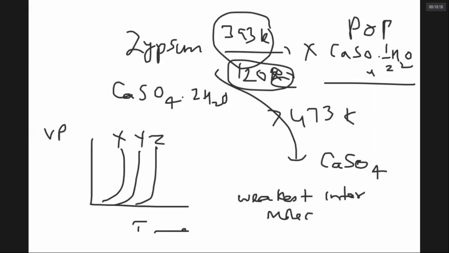What is the order of intermolecular attractions for three liquids whose vapor pressures were given according to temperature variation in the graph? Again, this question is very, very simple.